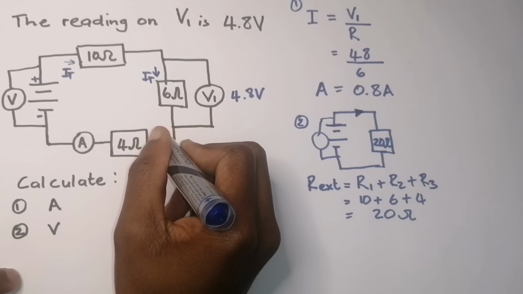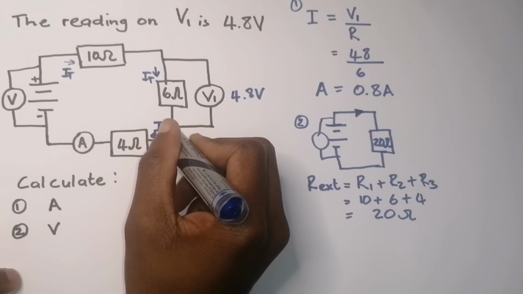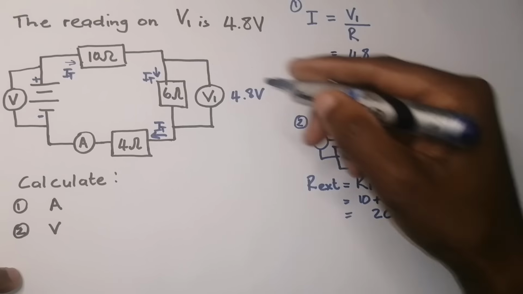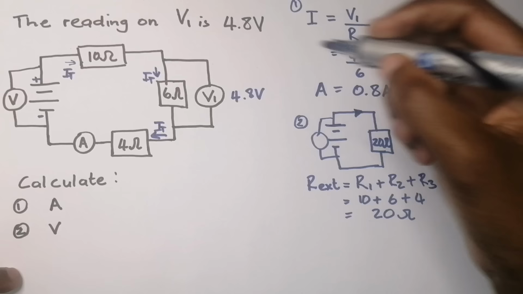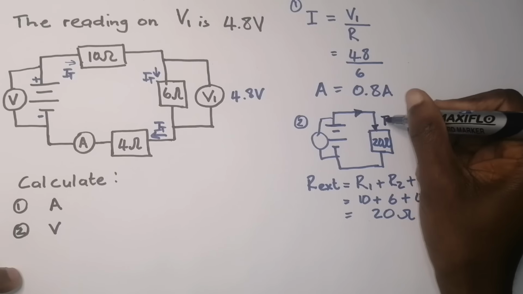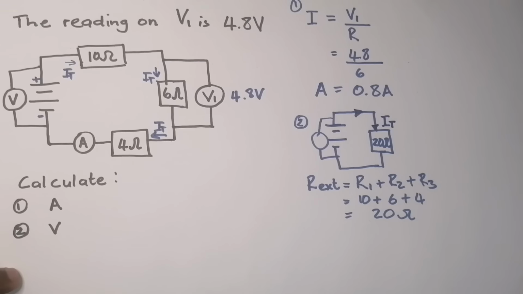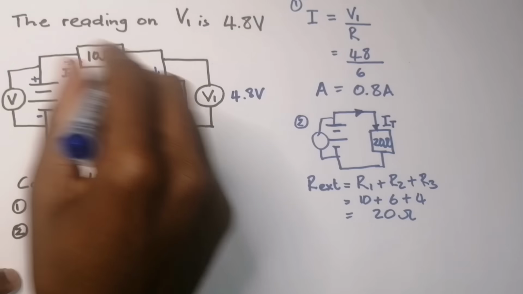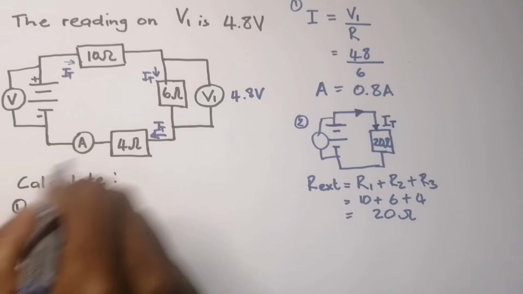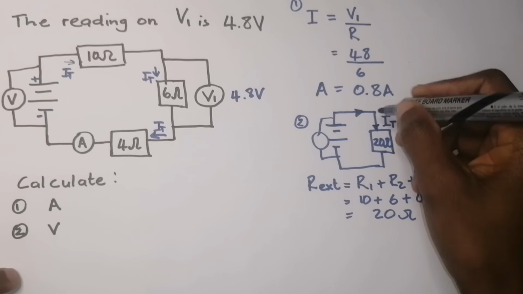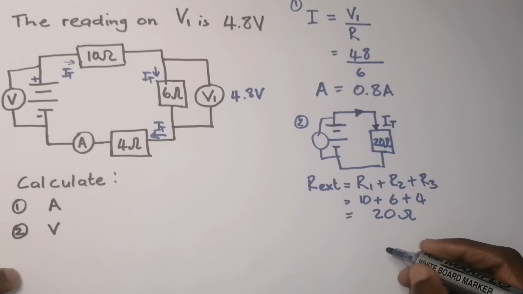Even when I combine all of them into one resistor, which current passes across there? It is still I total, ladies and gents. Because in this case, there's no other place where I total can branch off to. So the total current passes across that resistor.